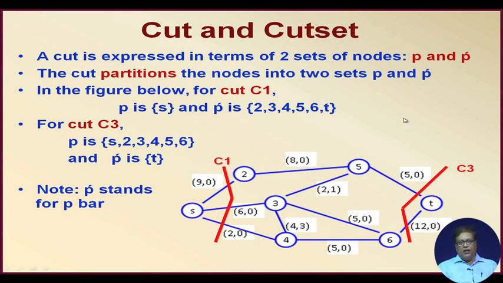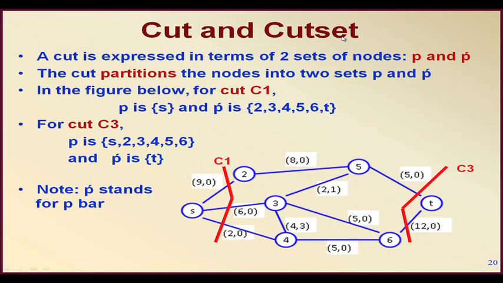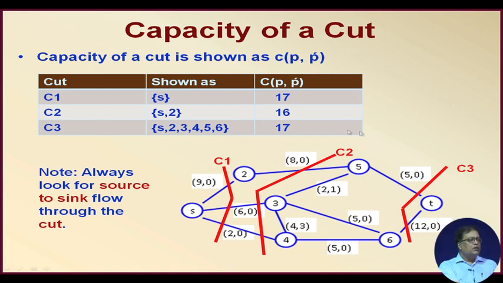Now, you can well understand the capacity of a cut is expressed as a function of both P and P bar, and actually the capacity is written in the form of what is known as (P, P bar). The cut set itself can also be shown as (P, P bar).